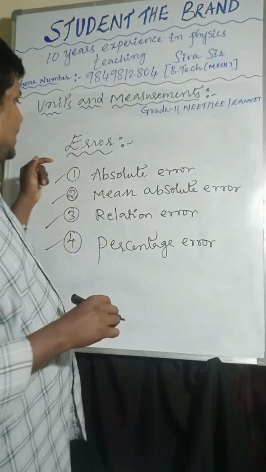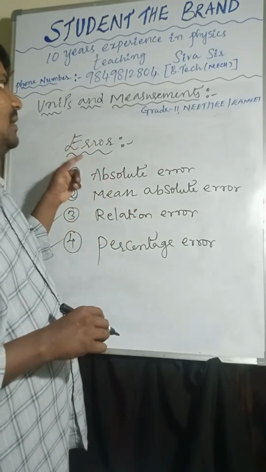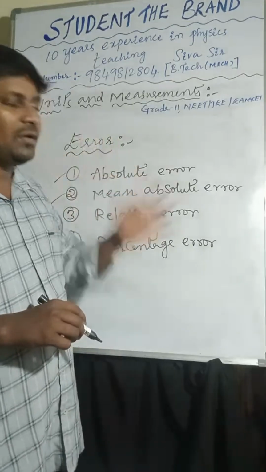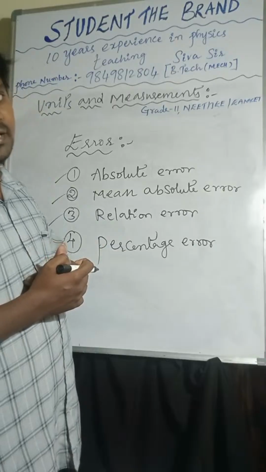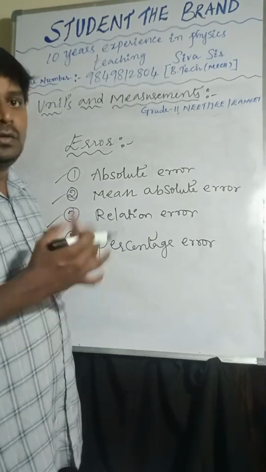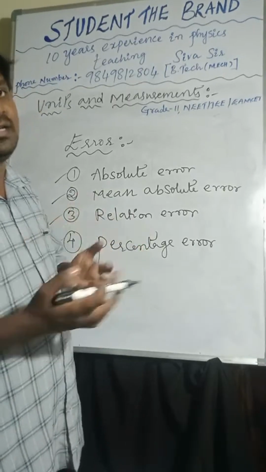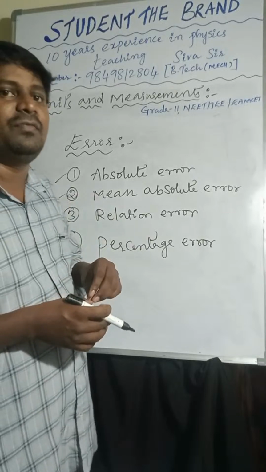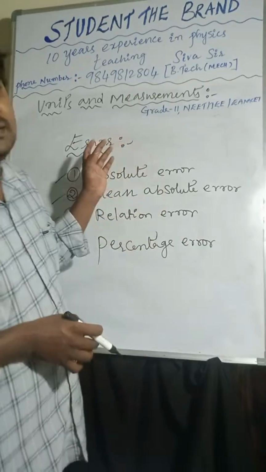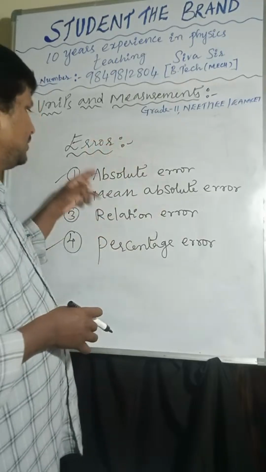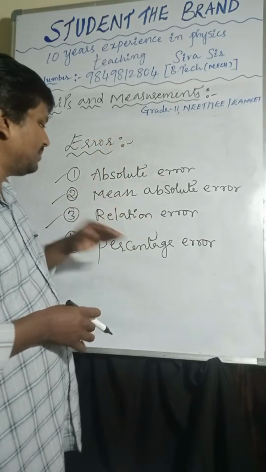Once again, error is nothing but the lack of accuracy in the measurement of an object due to the limit of accuracy of the measuring instrument. Errors are of 4 types: absolute error, mean absolute error, relative error, percentage error.